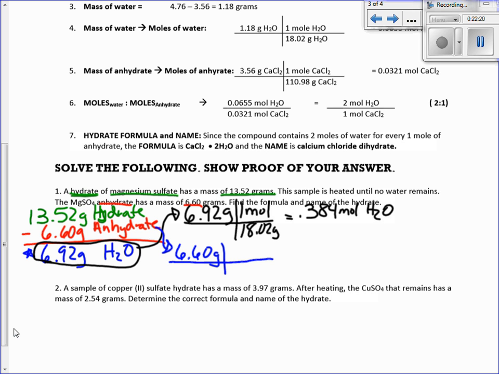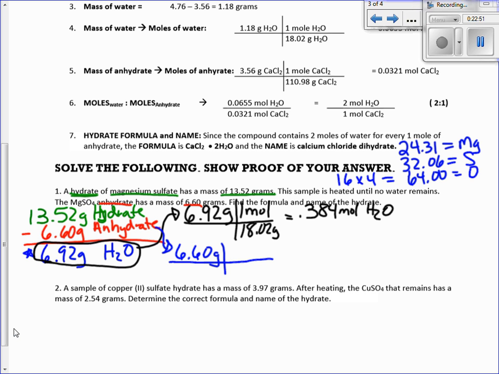So I need to know the molar mass of magnesium sulfate. We can calculate that real quick. Magnesium is 24.31. Sulfur is 32.06. And there's 4 oxygens. So if we multiply 16 by 4, that's going to give me 64.00 for the oxygen.